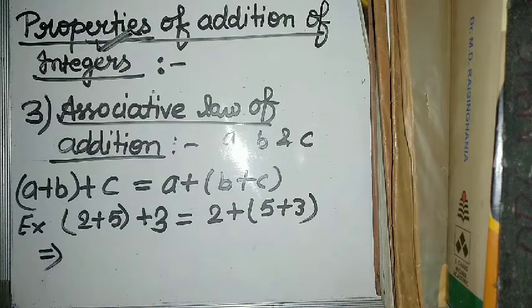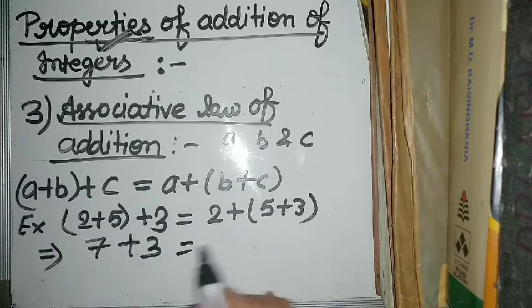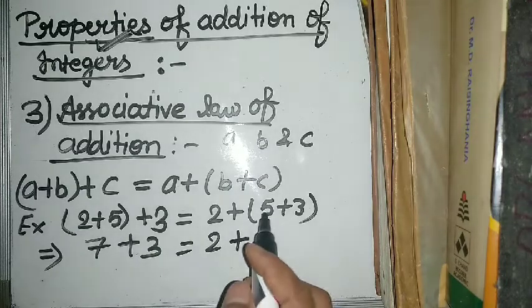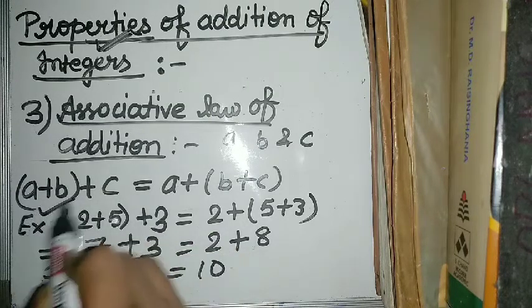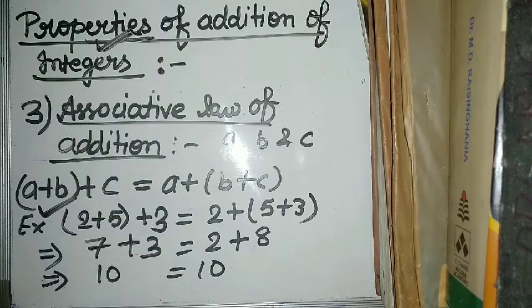So solve this one. 2 plus 5 is 7, plus 3, and here 2 plus, this is 5 plus 3, 8. So we have 10 here, and this one is also 10. So I hope all of you understood this associative law of addition.